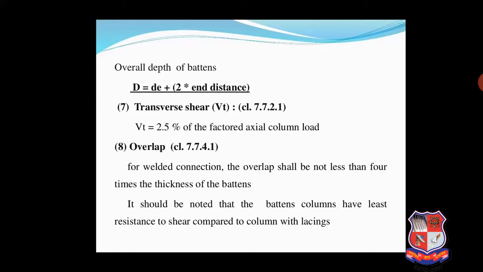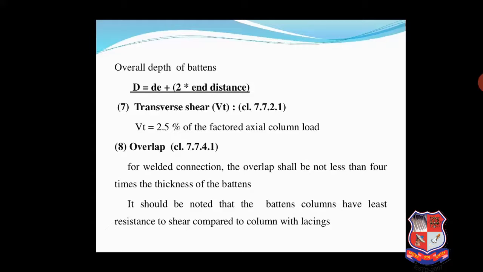And the last step, overlap, is given in clause number 7.7.4.1. For a welded connection, if you provide the battening through welding, the overlap shall be not less than 4 times the thickness of batten.